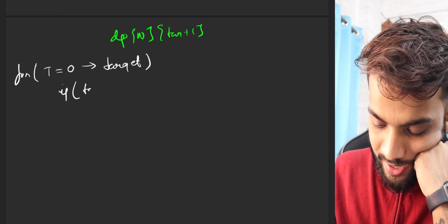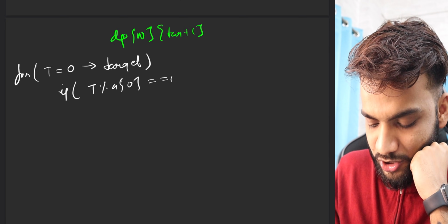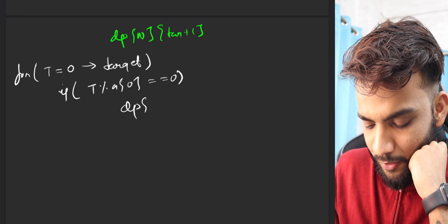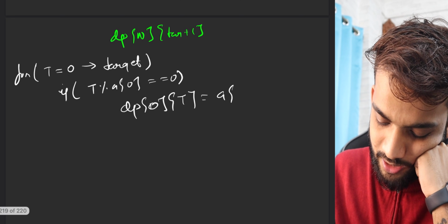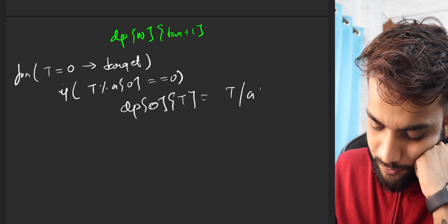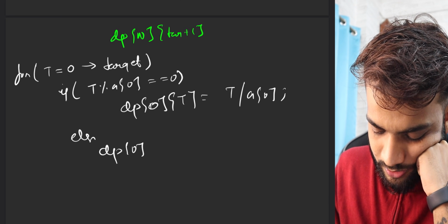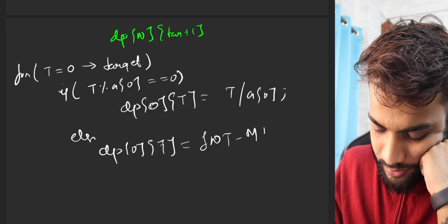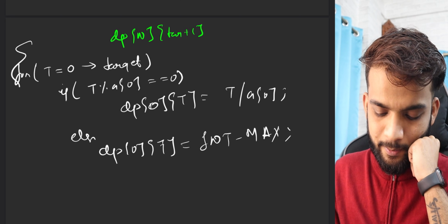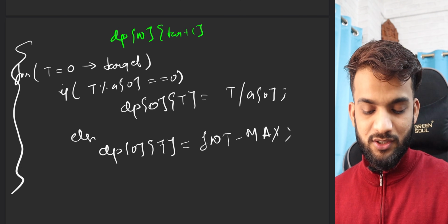If the target t modulo a of 0 is equal to 0, I can say dp of 0, target is equal to target by a of 0. Else dp of 0, target will be int max. That's what you wrote. Simple. This is how the base case will be. As simple as that. Just look over there and try to copy paste.